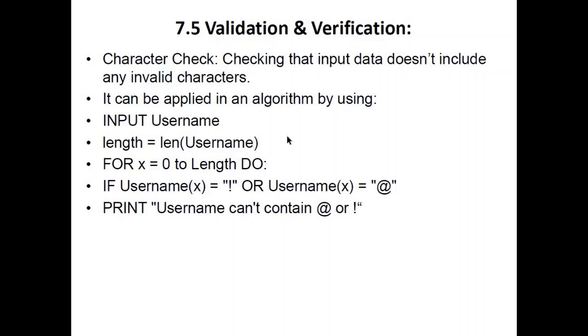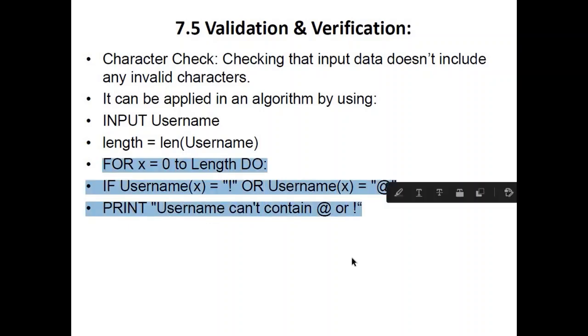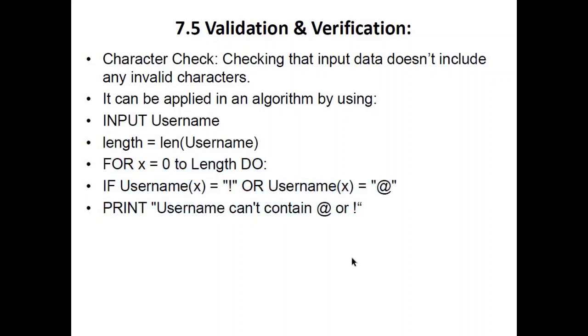For x equals to 0 to length, what you need to do is if username x, the counter variable over here, equals to exclamation mark, or if it contains any @, print username can't contain @ or exclamation mark. These three lines you can use to apply a character check.